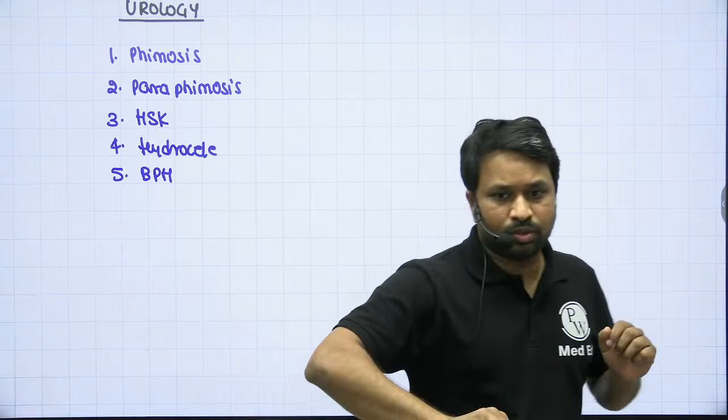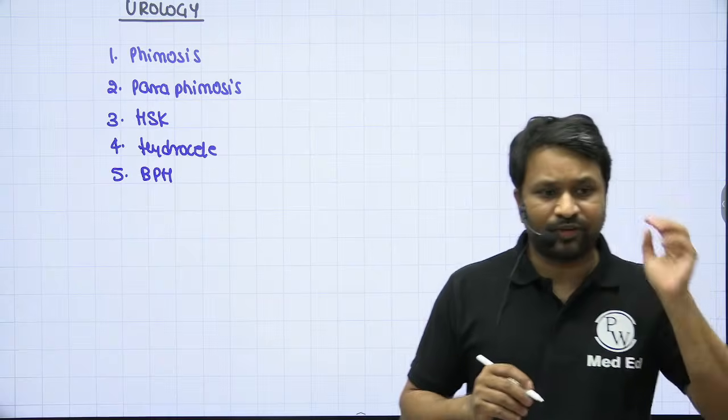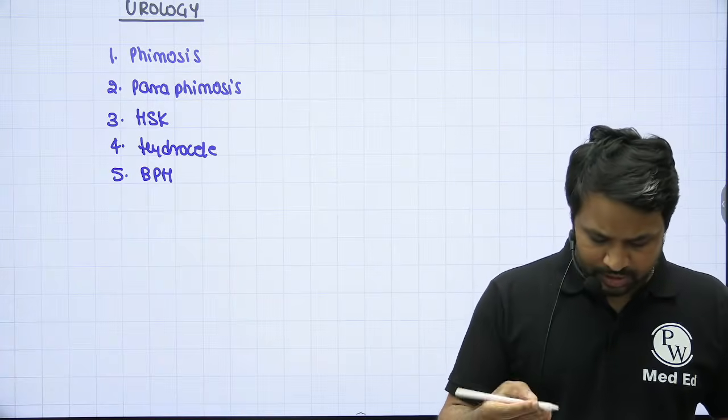All right, so I was saying the short notes are about phimosis, then paraphimosis, horseshoe kidney, hydrocele, BPH.